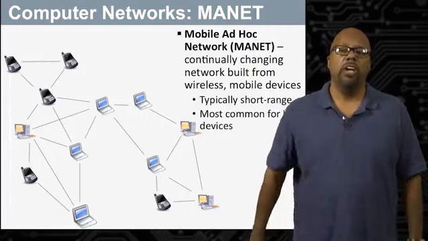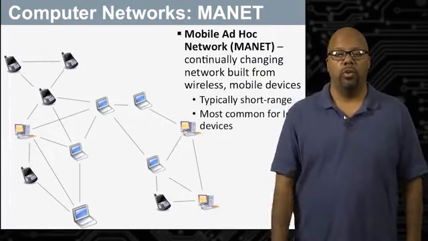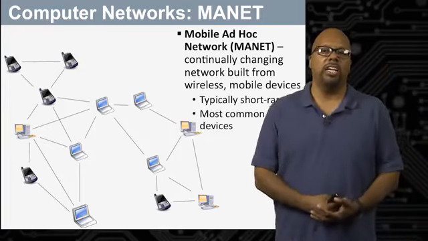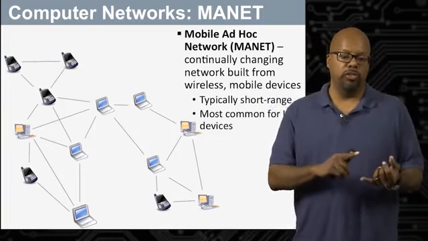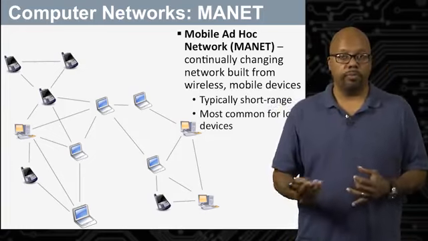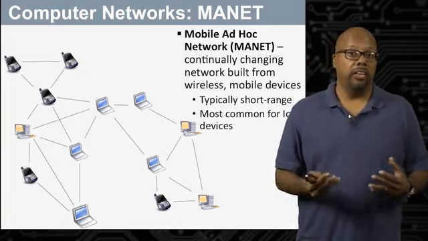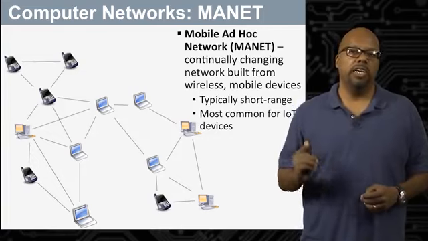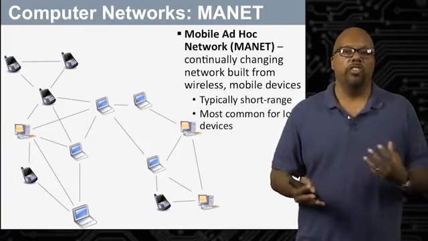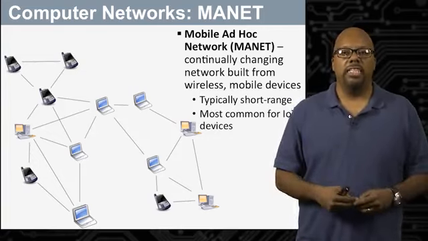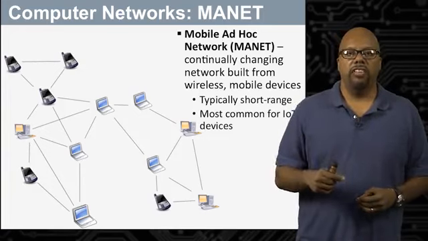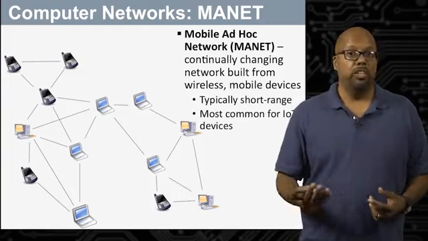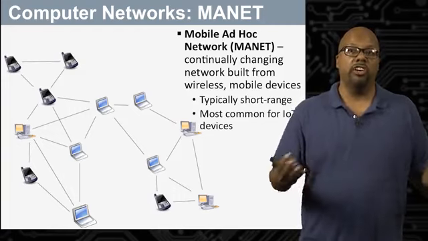In addition to this, we have mobile ad hoc networks, MANETs. These are important to Internet of Things components because mobile ad hoc networks are composed of largely mobile devices, thus the term mobile. A lot of Internet of Things devices are mobile. And it's an ad hoc network because it reconfigures itself constantly. Maybe an Internet of Things device, a cell phone, let's say, comes into range of the network, then it joins the network, but you continue walking, walk another block, and you're outside of the network.